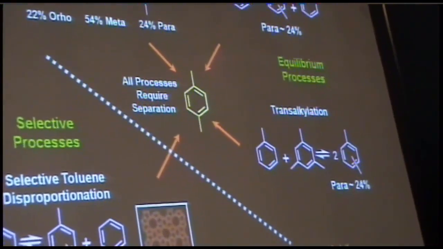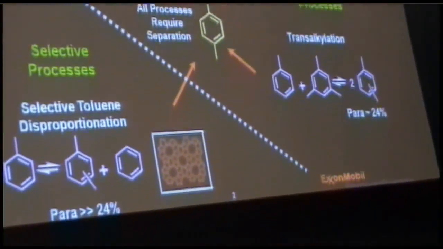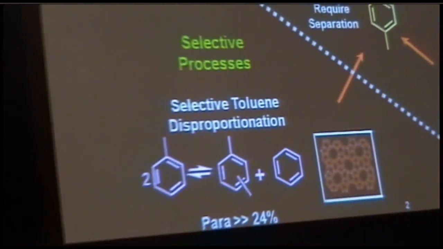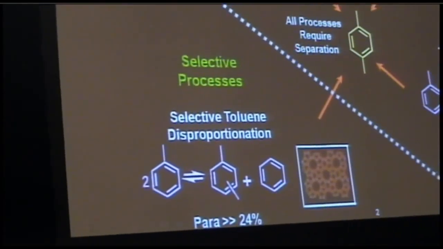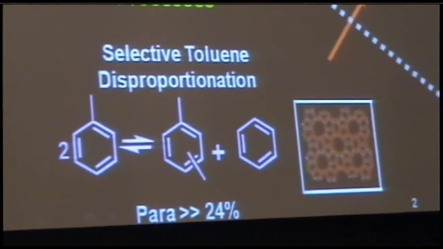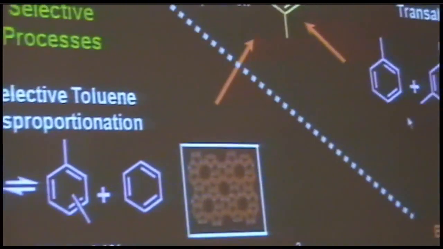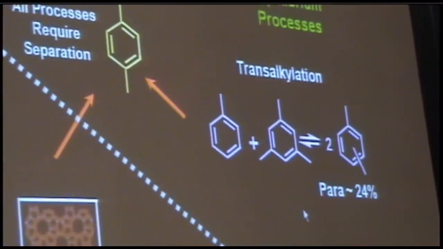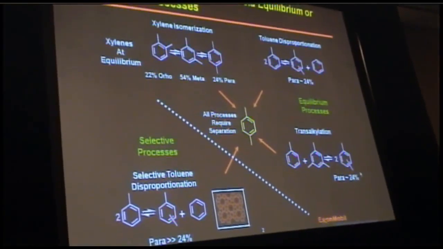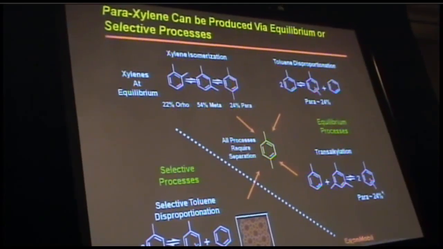So we can produce it that way. We can disproportionate toluene, then I get a mole of mixed xylenes and a mole of benzene, and the paraxylene is also produced in 24% isomer selectivity. And then I can also get it by transalkylation of toluene and, say, trimethylbenzene. And again, I produce equilibrium xylenes. So lots of ways to produce equilibrium xylenes.